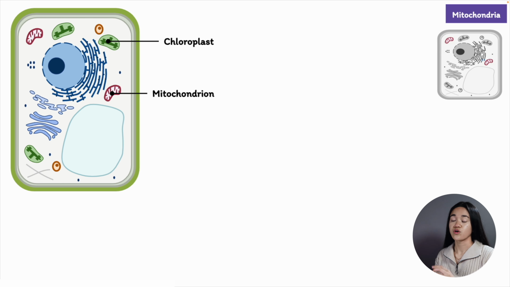On the other hand, chloroplasts found in plants and algae are the sites of photosynthesis. So by absorbing sunlight and using it to drive synthesis of organic substances such as sugars from carbon dioxide and water, chloroplasts transform solar energy into chemical energy. Okay, let's break down the structure and function of mitochondria first.